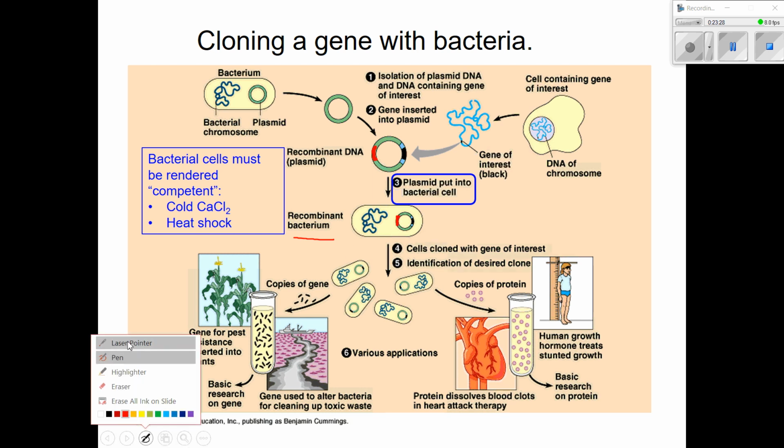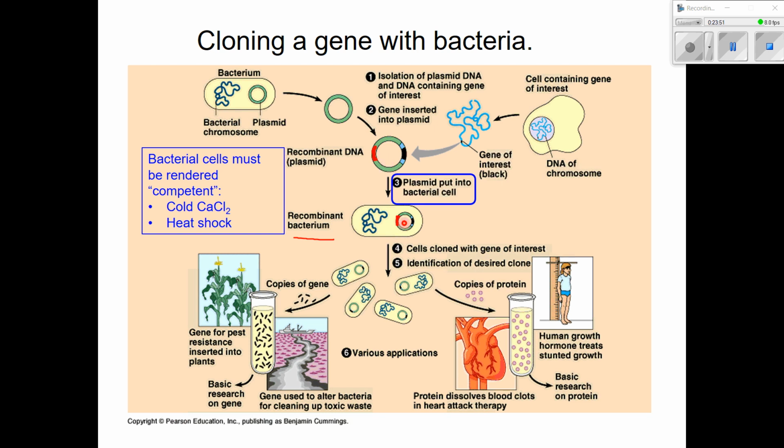And so if you do it this way, you're going to know pretty quickly if you were successful, if any of your bacteria survive and grow on that ampicillin plate. The only way they could have survived is if they did take in the plasmid. If they never took in the plasmid, ampicillin is going to kill them.